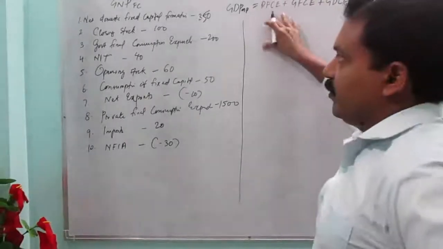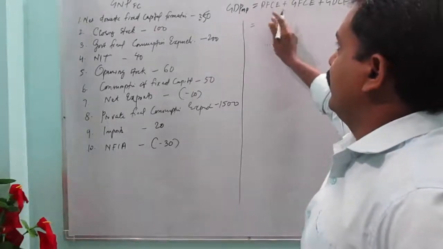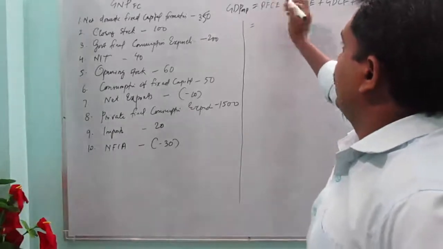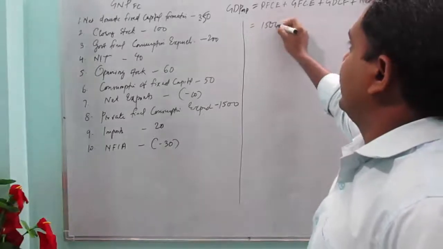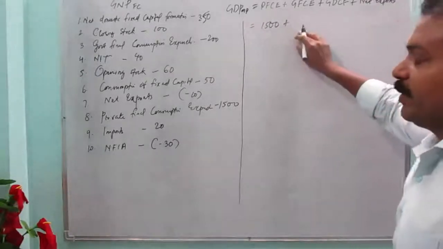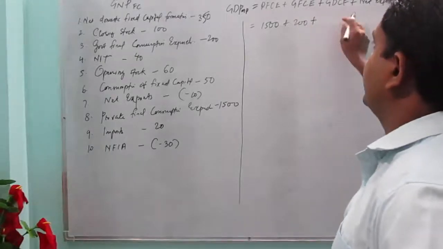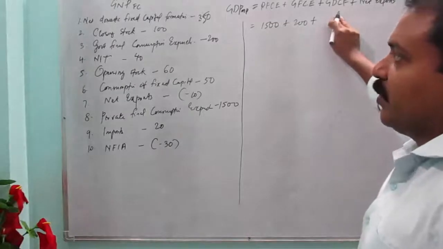Now we need to give values to this. Private final consumption expenditure is 1500 plus government final consumption expenditure 200 plus gross domestic capital formation.